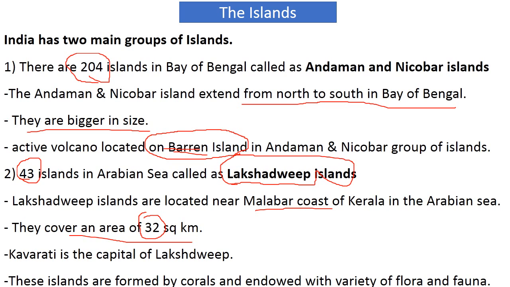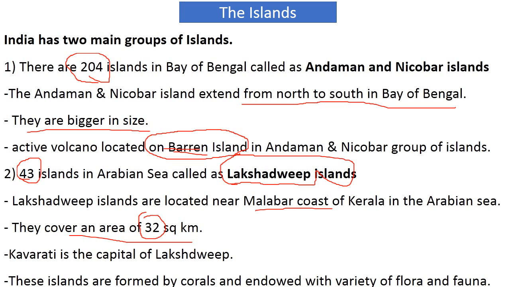They cover an area of only 32 square kilometres. Then Kavaratti is the capital of the Lakshadweep Islands. These islands are formed from coral and are endowed with a variety of flora and fauna.